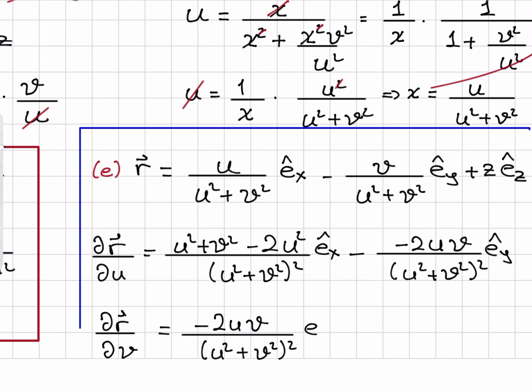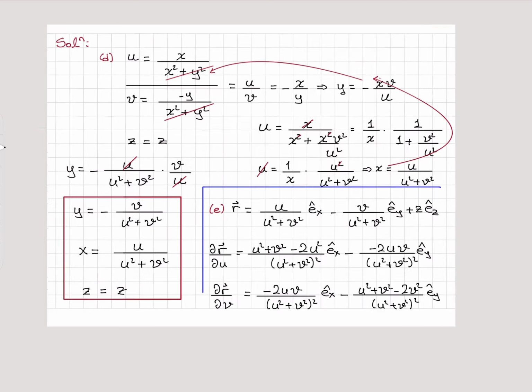For the second term, the derivative with respect to v of the top is 1 multiplied by the bottom, u squared plus v squared, minus the derivative of the bottom, 2v, multiplied by the top, which gives 2v squared, so minus 2v squared, divided by u squared plus v squared in parentheses squared, in the ey hat direction.